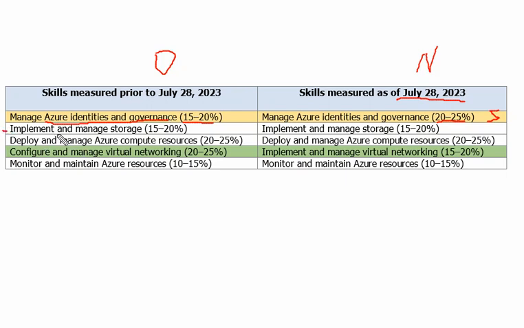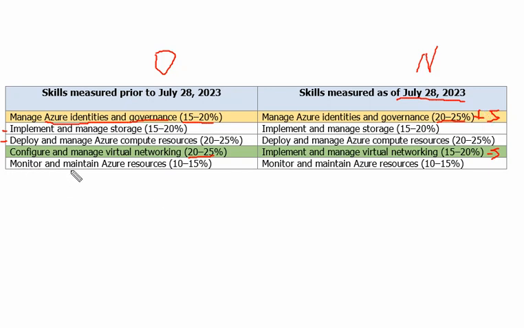The next two parts, implement and manage storage, are going to be the same. Deploy and manage Azure compute resources is also going to be the same. Configure and manage virtual networking is being reduced by 5%, so there is a decrease of 5% here and an increase of 5% there.